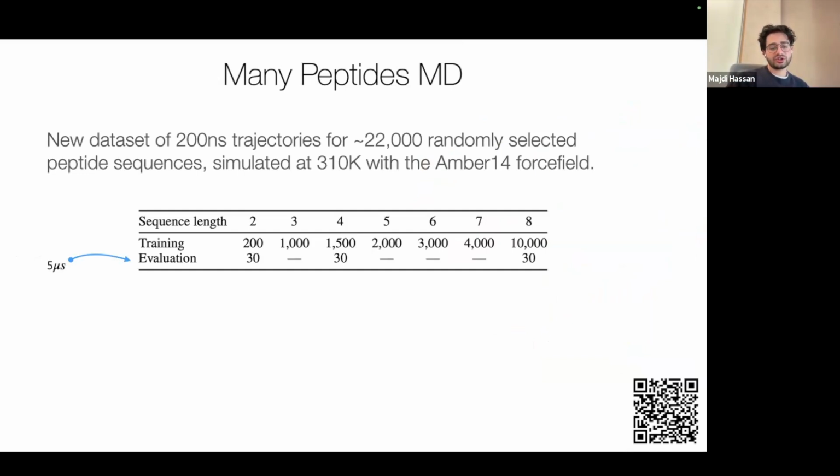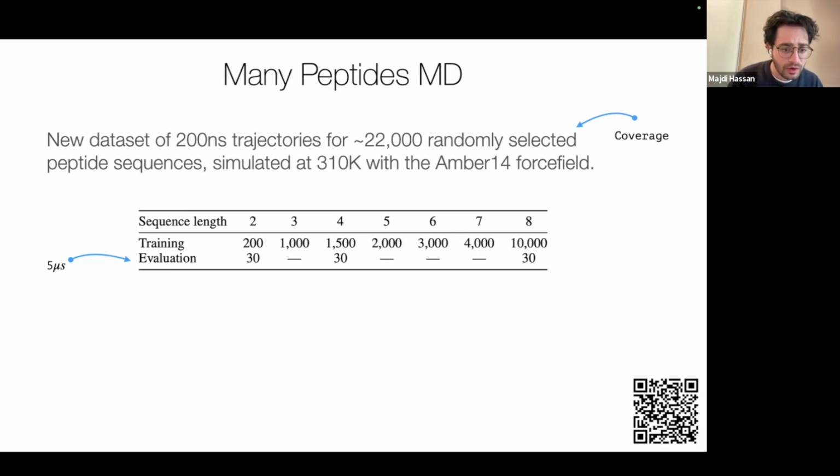And then for the evaluation, we've generated for dipeptides, tetrapeptides, and octapeptides, 30 systems, each simulated for 5 microseconds. Furthermore, we do this random generation of sequences because we were prioritizing coverage of the chemical space.